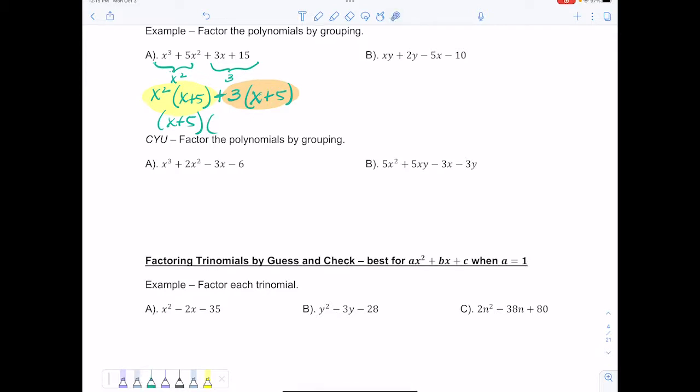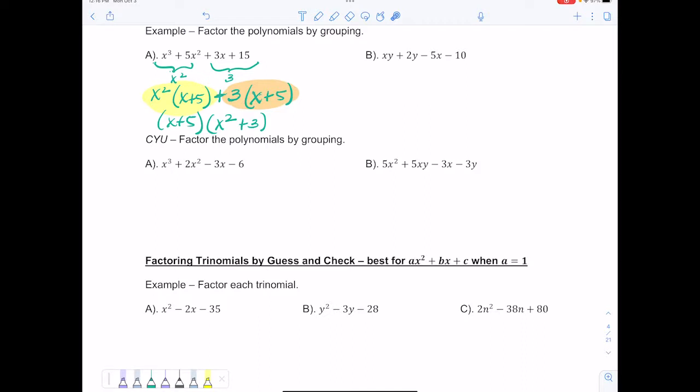So if I pull out an x plus 5 out of here, I'm left with x squared. And if I pull an x plus 5 out of here, I'm left with a plus 3. So my final answer is x plus 5 times x squared plus 3. And you can check that by FOILing and determine if you get your original problem back again.